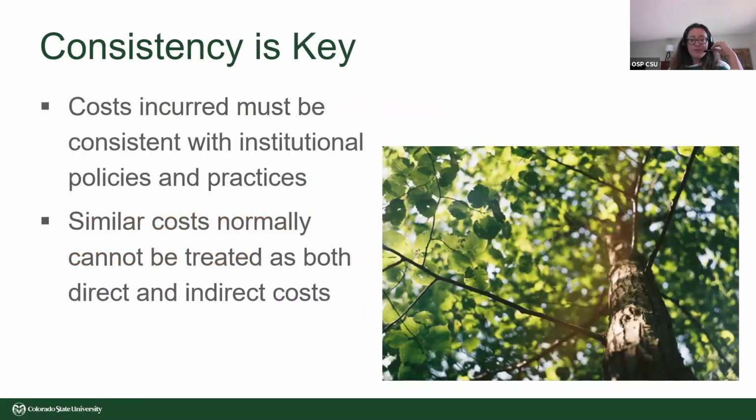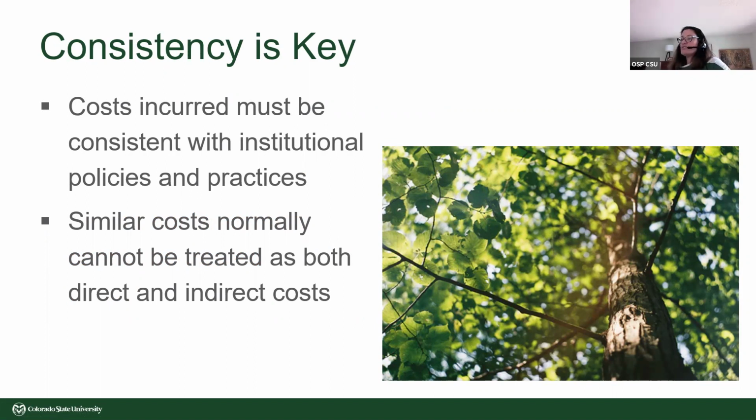Consistency, we've talked a little bit already about consistency, and consistency really is key. Costs that are incurred must be consistent with our institutional policies and practices. Is this something that typically is an allowable cost at our institution? Is it an allowable cost by the sponsor?